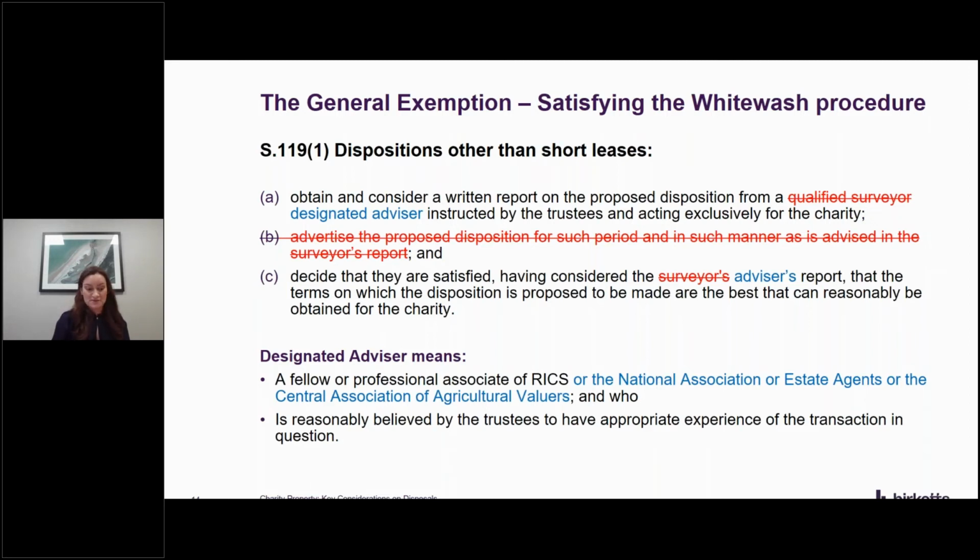They might already have a surveyor that they've been using, if you think in the context of agricultural land that may be held for a charity's benefit. If they know and trust an agricultural surveyor that they're familiar with, they should now be able to take advice from them rather than having to shop around and seek advice from somebody, a sort of cold call process. It can be quite intimidating, particularly for small charities, to have to do that.